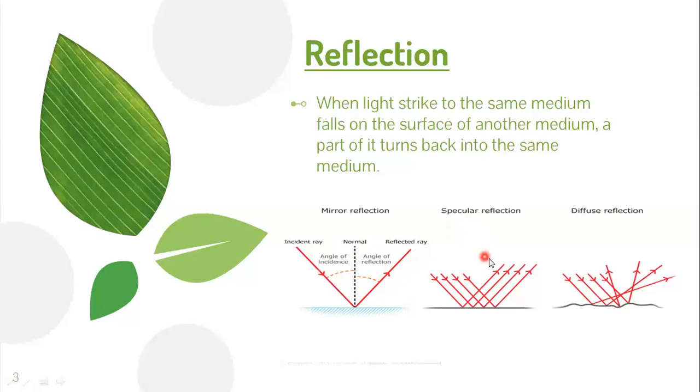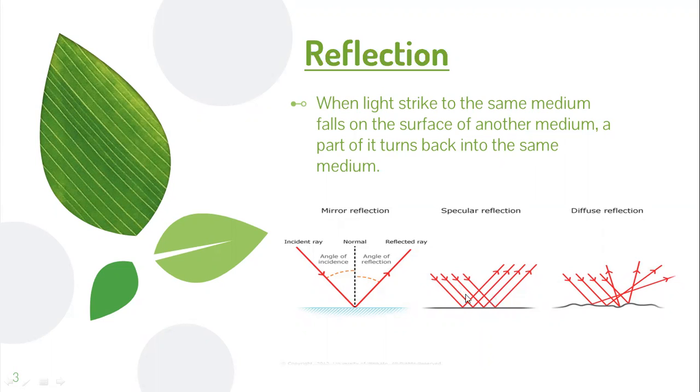Next, you should know that there are two types of reflection: specular reflection and diffuse reflection. In other words, regular reflection and irregular reflection. What is regular reflection? With this image, you can see that the rays are very firm.